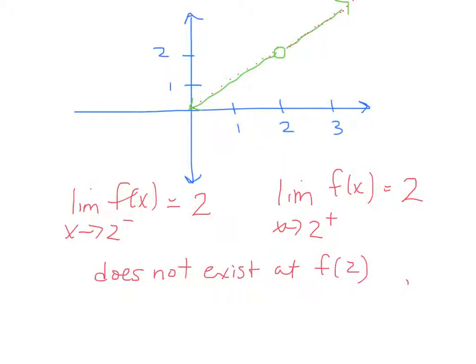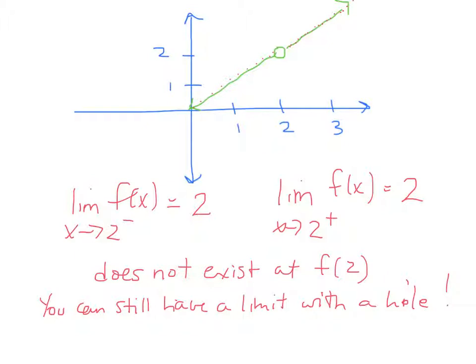And that's okay, because it doesn't matter if you have a hole. You can still have a limit even with a hole. That's pretty important. You can still have a limit with a hole in the graph. I'm not really asking you what the value of that hole is. I'm just asking you what's happening to my y values as I approach the hole from the left-hand side and from the right-hand side.